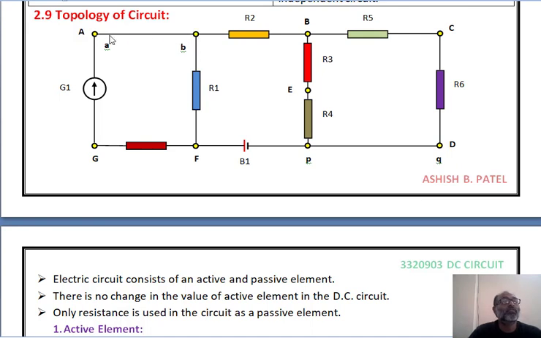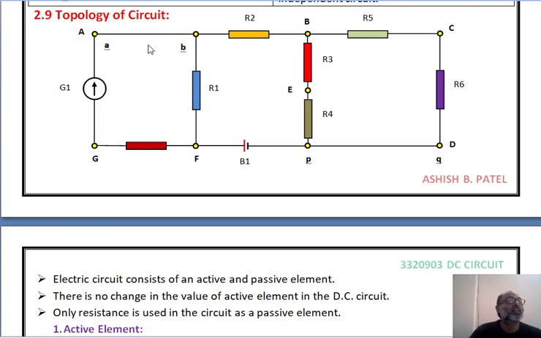Now, whatever wires are used to join two elements are considered to have zero resistance. Here A and B are wires which connect these two points or nodes, so you can consider the resistance of this wire AB as 0. It is most important.